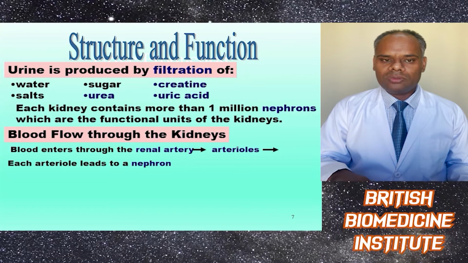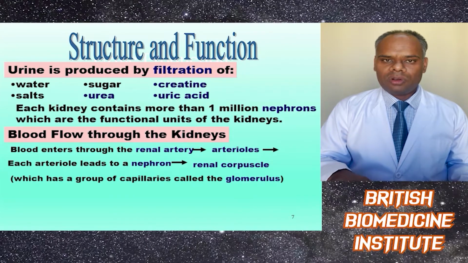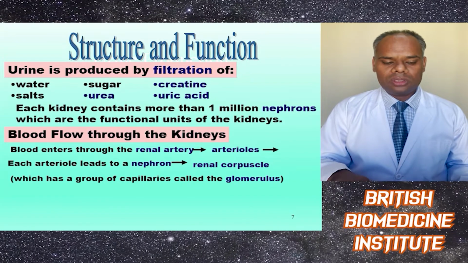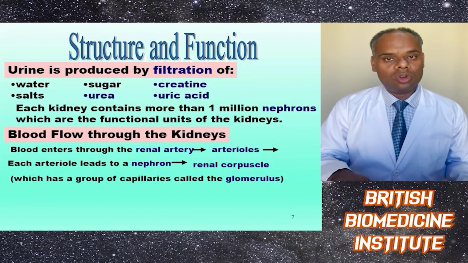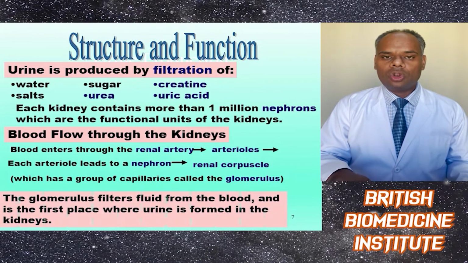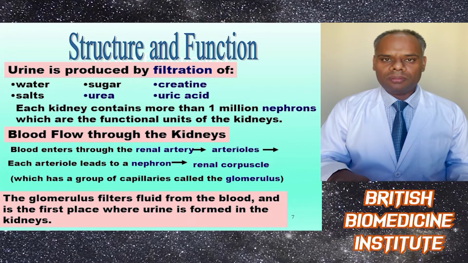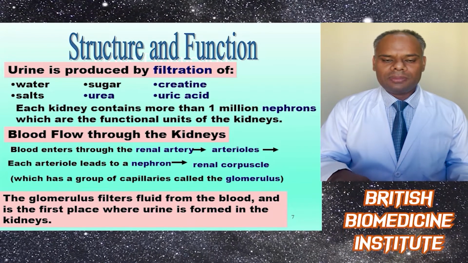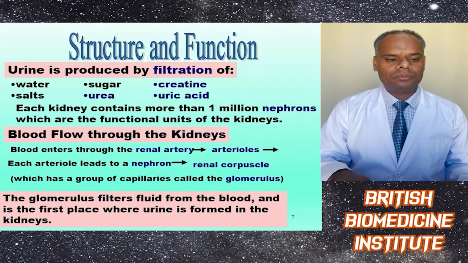Then from the arterioles it moves to the nephrons, and from the nephron to the renal corpuscles, which have a group of capillaries called the glomerulus. The glomerulus filters fluid from the blood and is the first place where urine is formed by the kidney.